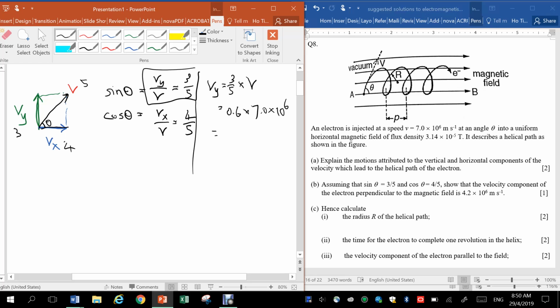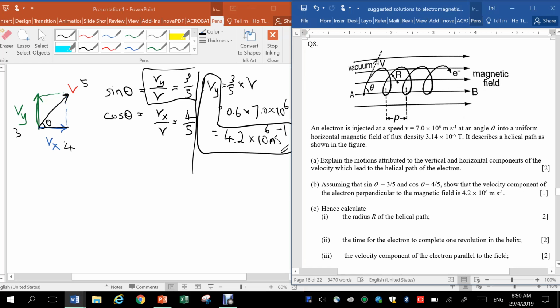So 0.6 times 7 gives me 4.2 times 10 to the power 6 meter per second. Right, that can be easily done. So we now have the vertical velocity Vy equals to this value.